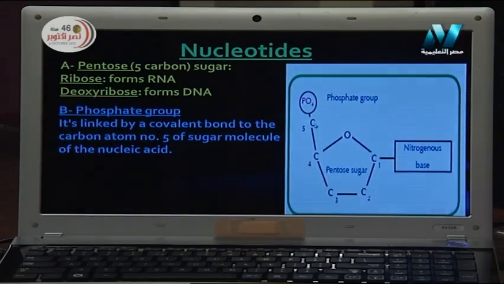Carbon number 5 is connected with a phosphate group, PO4. What is the name of the bond that connects carbon number 5 and the phosphate group? We call it a covalent bond.